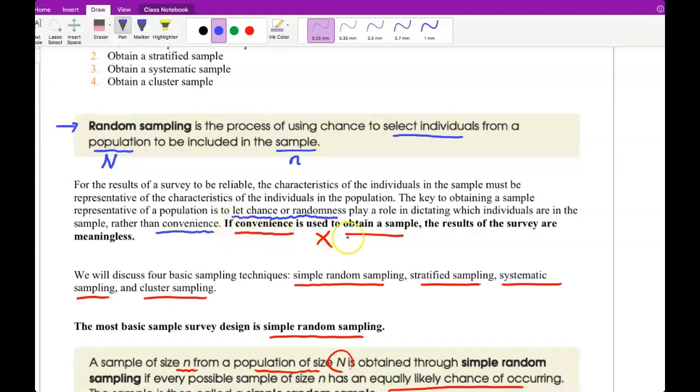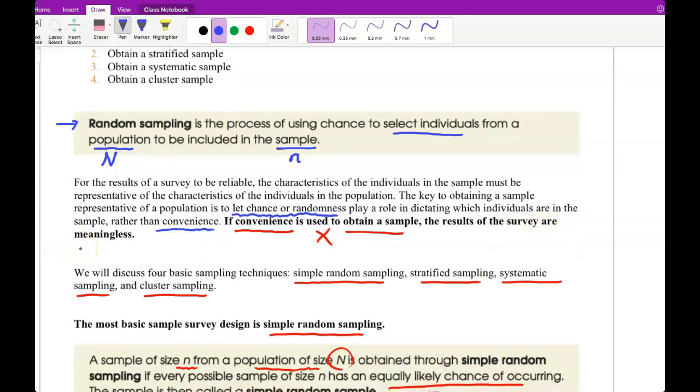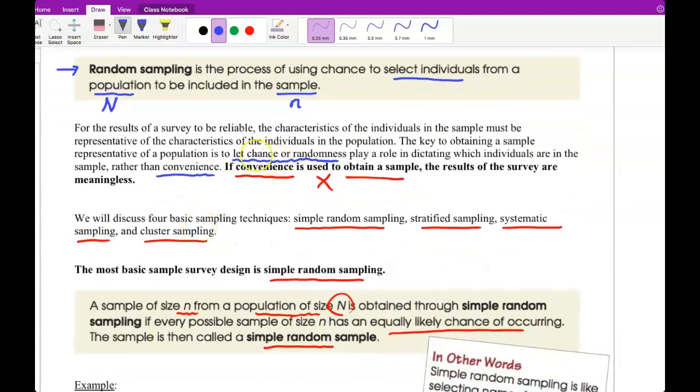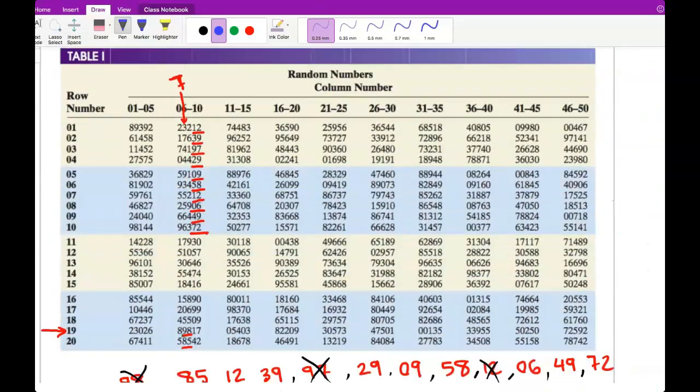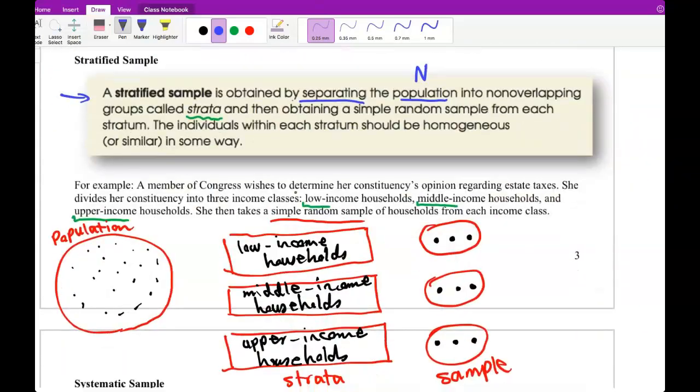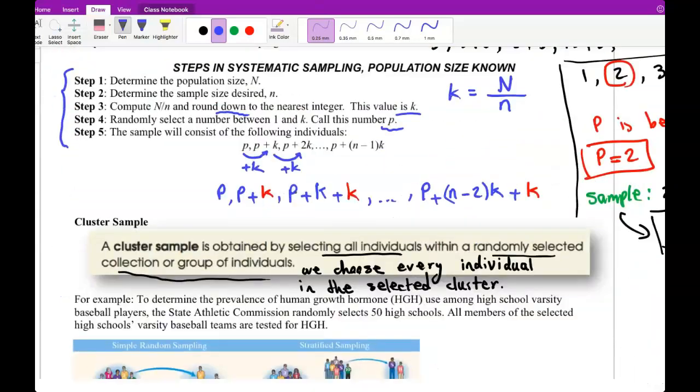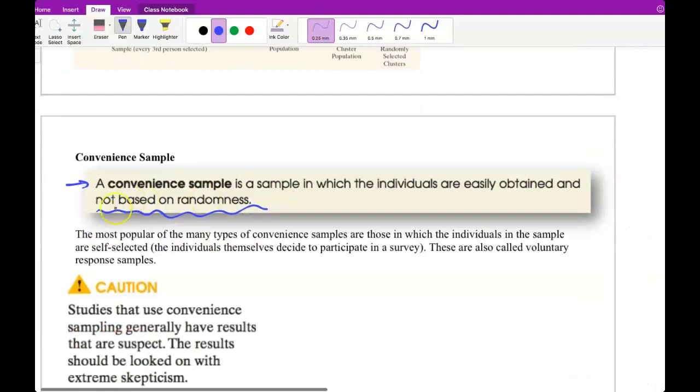If convenience is used to obtain a sample, results of the survey are meaningless because we didn't follow that rule, let chance or randomness decide. On this part, we don't have randomness. No, it's not based on randomness.